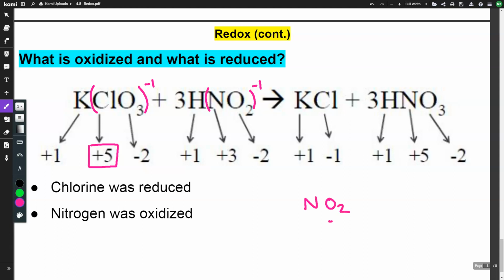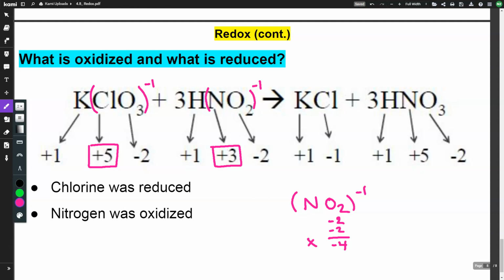There are 2 of them, so that would be -2 and -2, which is -4. We don't know what the nitrogen is, but the whole thing has to be -1. So nitrogen has to be +3 to make that work. +3 -4 gives you -1.